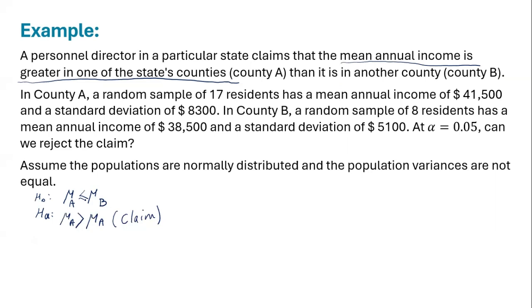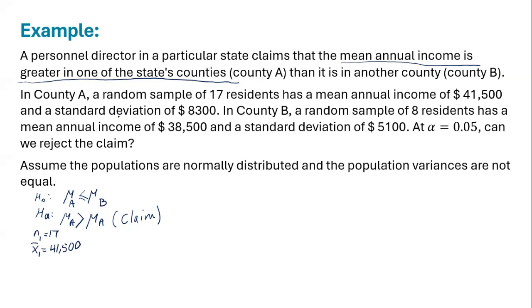It says in county A random sample of 17, so n1 is 17, the first sample, has the mean annual income of 41,500 and a standard deviation of 8,300.